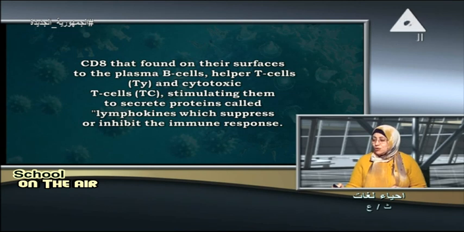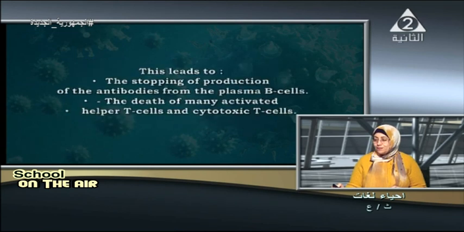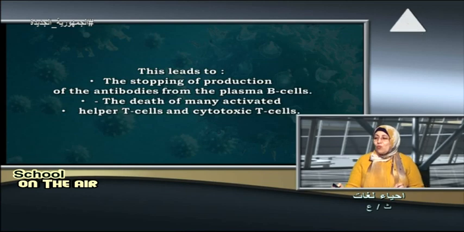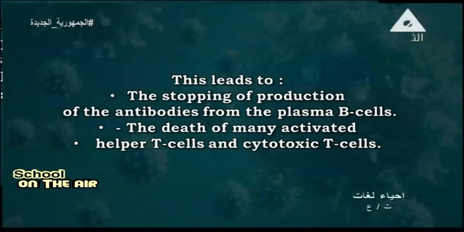This is the method of inhibition. This led to stopping the production of antibody. When the body stops producing antibody, what happens in the plasma? Many activated helper T cells die, and cytotoxic T cells become unavailable in the plasma.